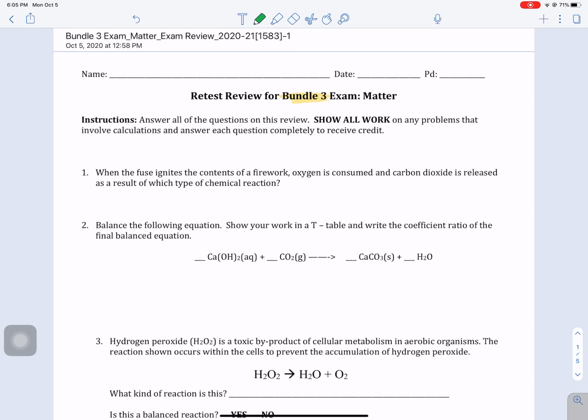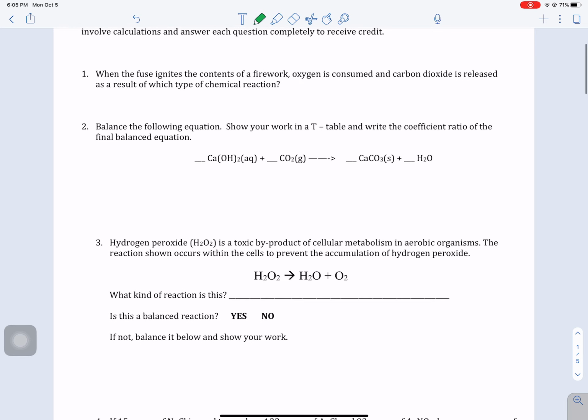So let's get started. Number 1 says, when the fuse ignites the contents of a firework, oxygen is consumed and carbon dioxide is released as a result of which type of chemical reaction?